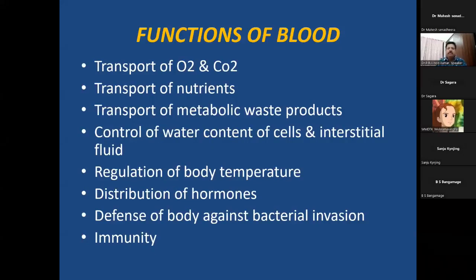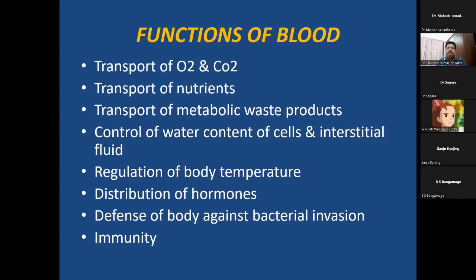Control of water content of cells and interstitial fluid, everybody knows, because blood itself is a fluid. Then regulation of body temperature. Of course, when there is increased body temperature, the surface circulation increases, and the peripheral circulation increases, so that the blood vessels of the peripheral organs will be dilated and there will be flushing.